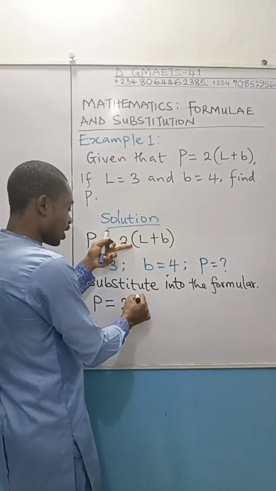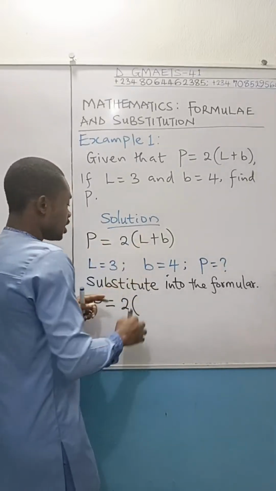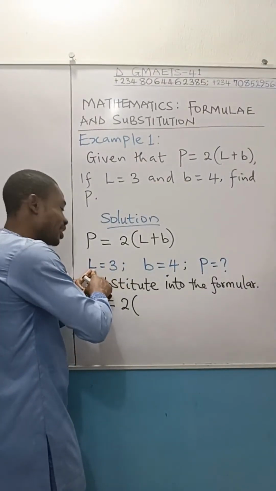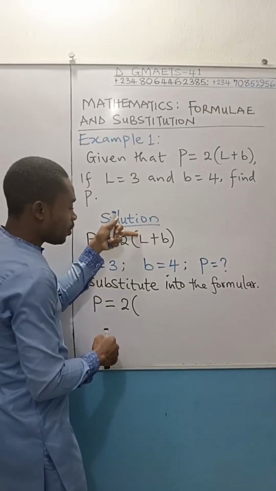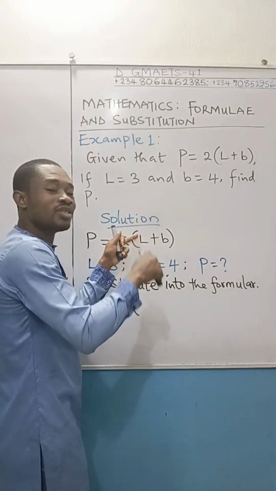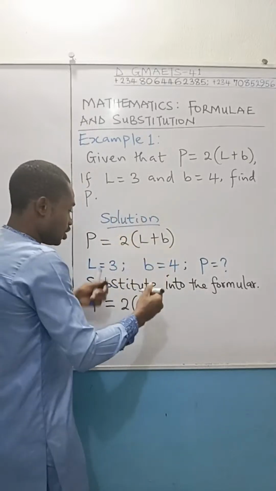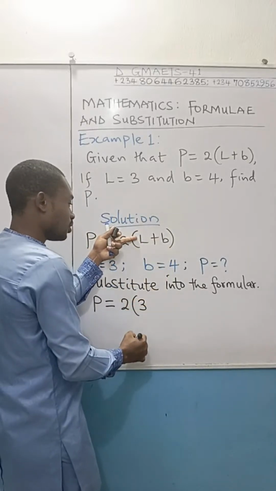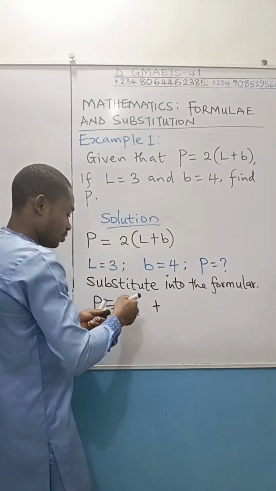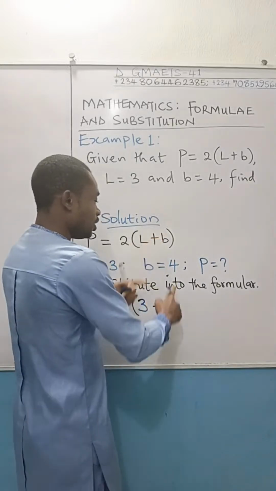After the 2, you have brackets, open your brackets, L. We can now substitute for this L. Now from the question, we are told that L is equal to 3. 3 is the number representing L. So in the formula, in place of L, I will replace it with 3. I will substitute 3 for L. I will remove this L and put 3 there. So here I'm going to have 3 plus, let me use this blue shade of marker, 3 plus, this B is 4.